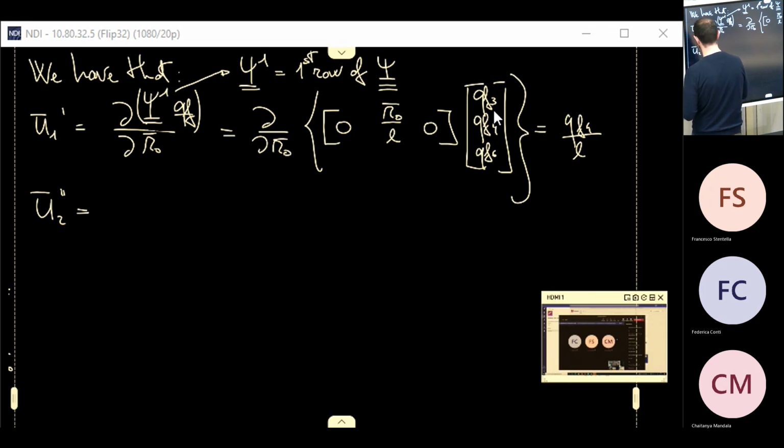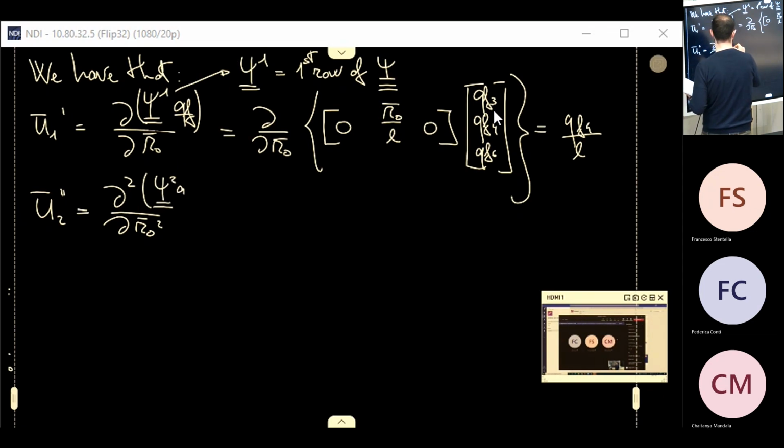So U2 double prime is the second order derivative of what? In this case, we have Psi2 QF.